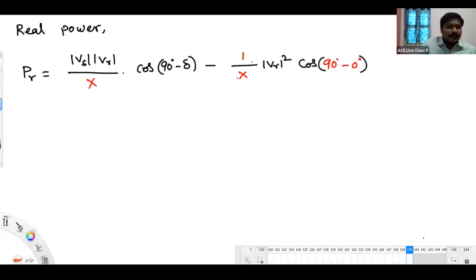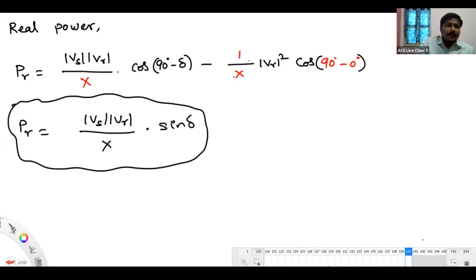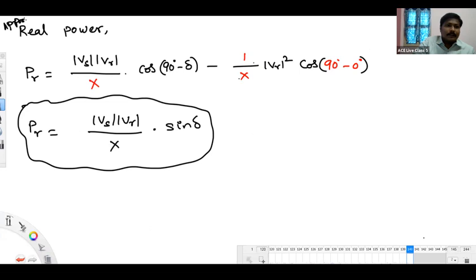So this term is 0. So PR will come to be mod Vs into mod Vr by X into cos of (90 minus delta), which means sin delta. So PR is mod Vs mod Vr by X into sin delta. This is the approximate real power equation. Next, the approximate reactive power using the same conditions.